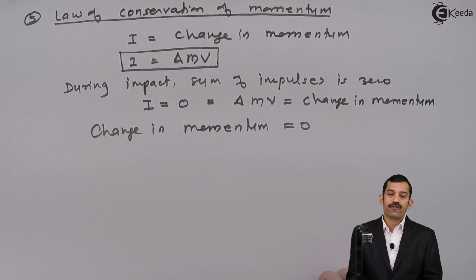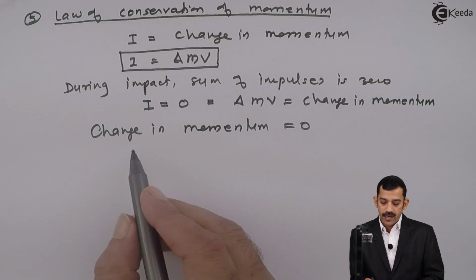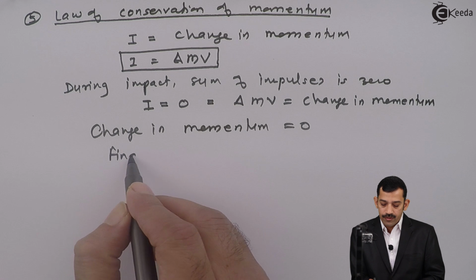Change is final momentum minus initial momentum, so final momentum minus initial momentum equals 0.